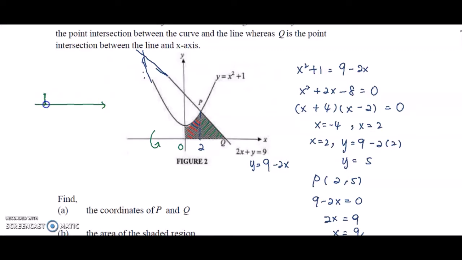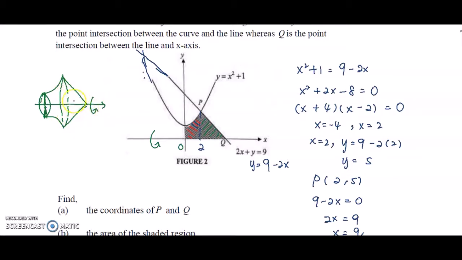You might get a solid roughly like that. This is the axis of rotation.